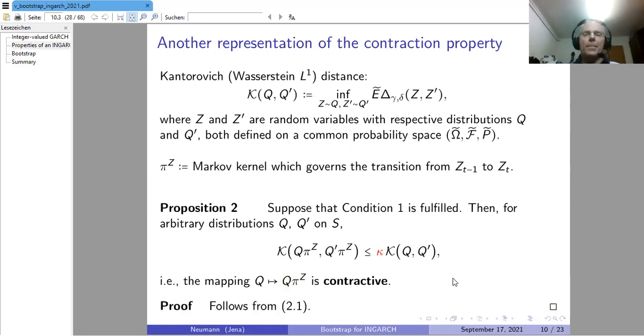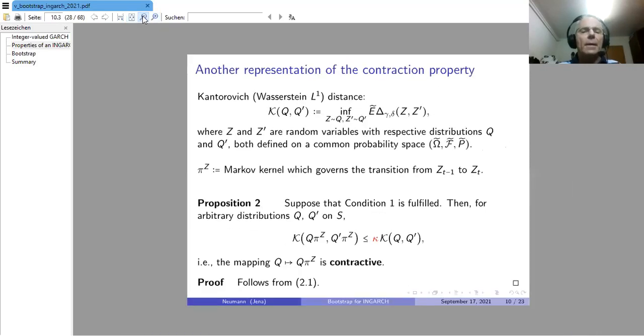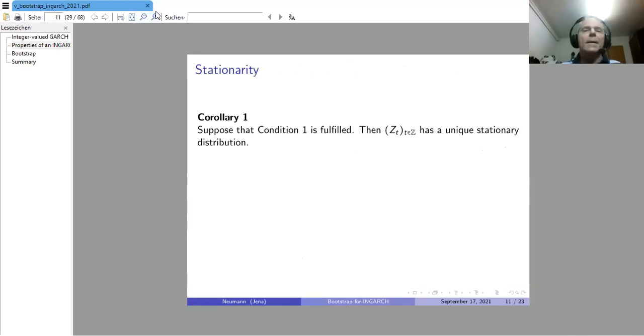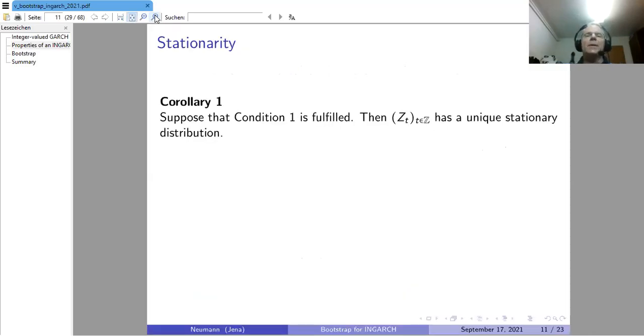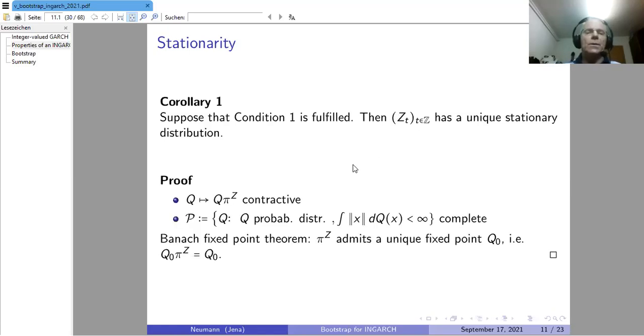Okay. The proof here, or again, maybe you cannot see this, the proof is a direct consequence of the other contraction result. Okay, so now stationarity of the Z process will be a simple corollary of this result. Again, we suppose that condition 1 is fulfilled. Then it's quite clear that the C process has a unique stationary distribution. This is the proof.